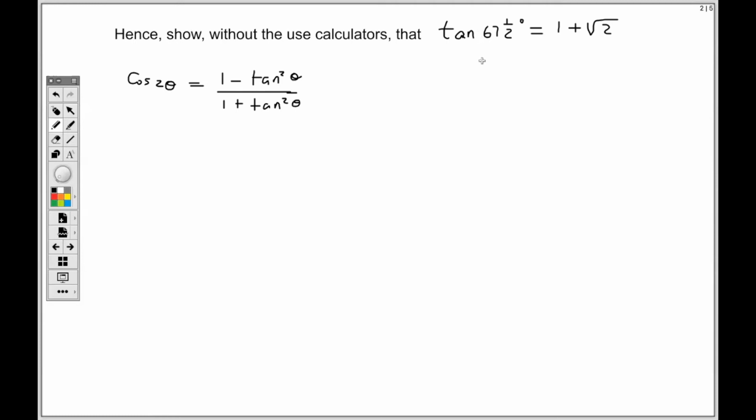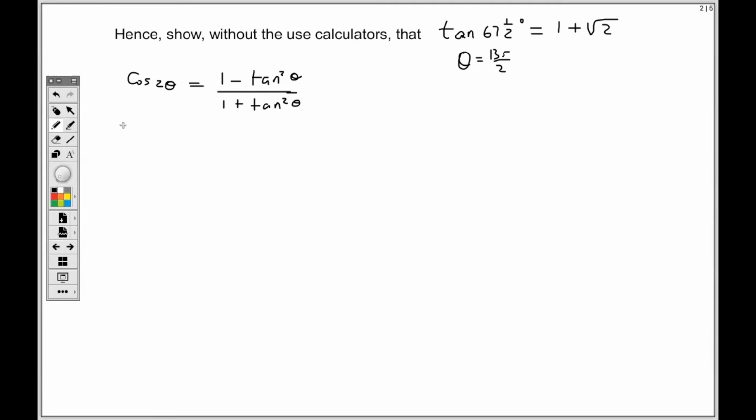Now, 67.5 is the same thing as 135 over 2. So I can say theta is equal to 135 over 2.